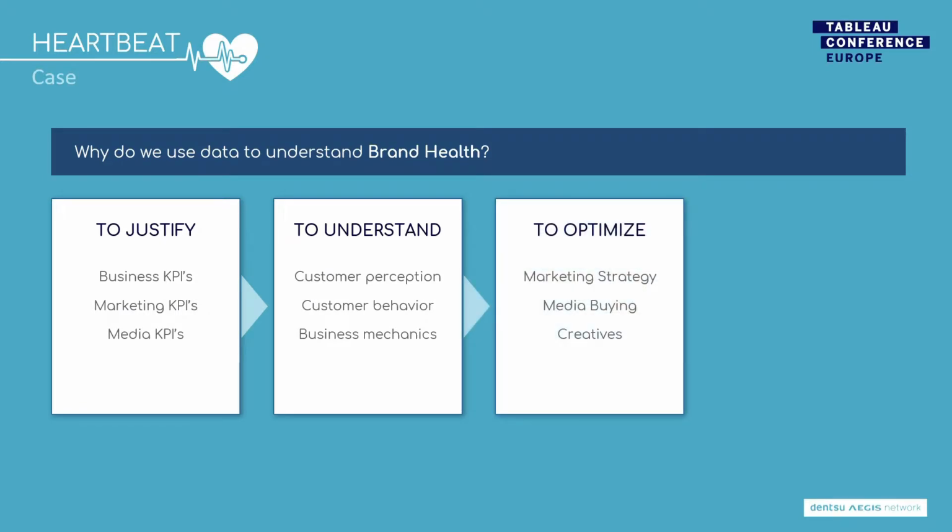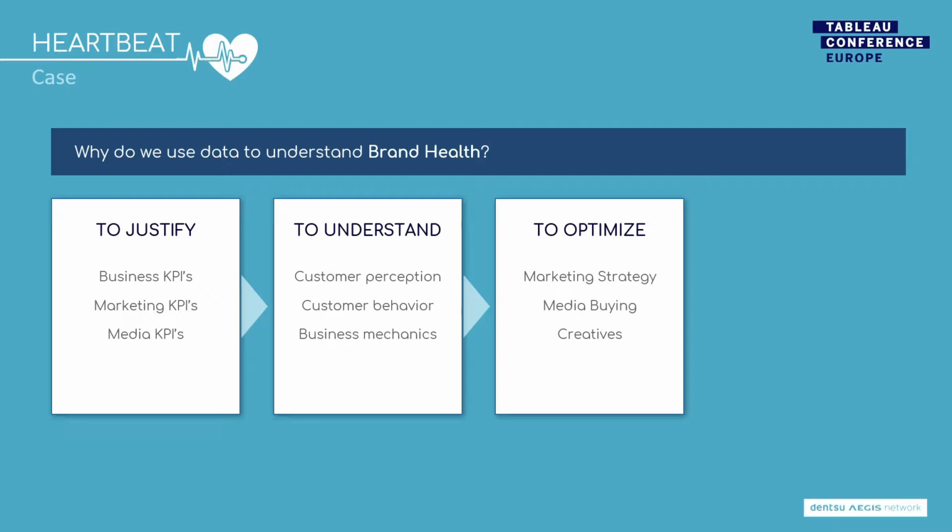So first to justify, to understand. But then once you understand what's going on, and once you understand your client, and once you know what's going on with all your KPIs and the most important business goals that you have, you also want to optimize, because as I said, we're spending a lot of money, but we really want to spend this money very smartly. So our clients keep challenging us also to optimize our media strategy, maybe move around budget from online spends to offline spends, or particularly the other way around.